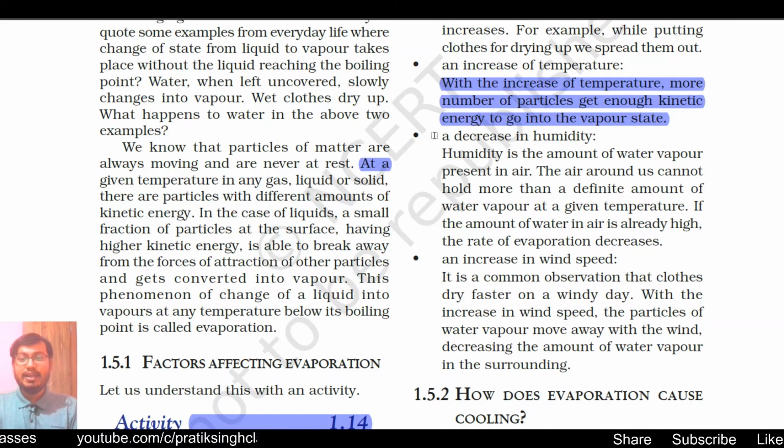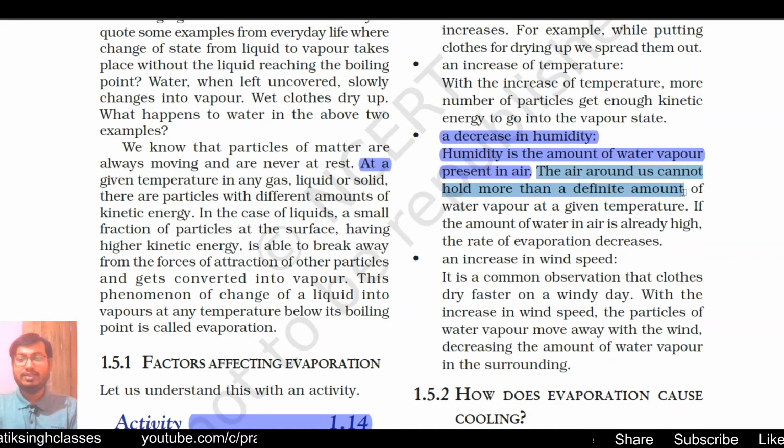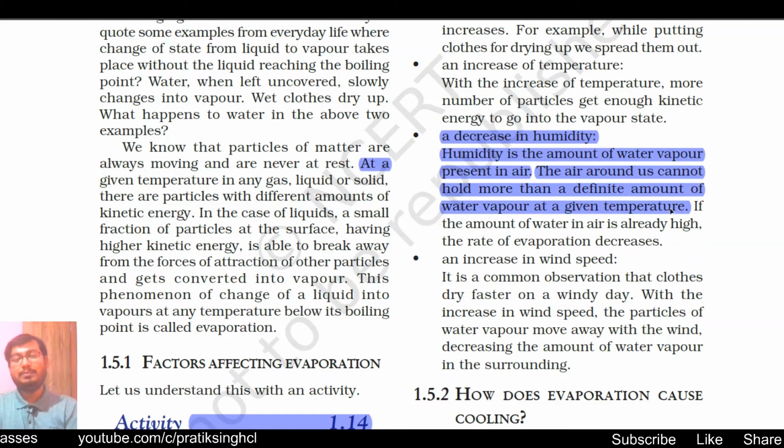Now, a decrease in humidity. Humidity is the amount of water vapor present in air. The air around us cannot hold more than a definite amount of water vapor at a given temperature. That means at a given temperature there is a limit to how much water vapor can be mixed into air.